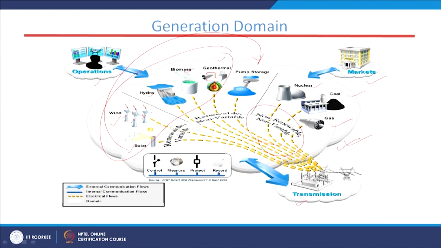Already we have discussed, these are also components of the architecture of the smart grid, that is your operations, your markets and your transmissions. So, this generation domain also speaks to these three domains: the operation domain, market domain and the transmission domain.